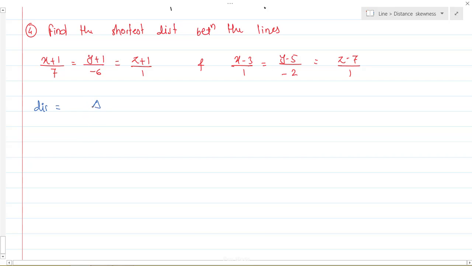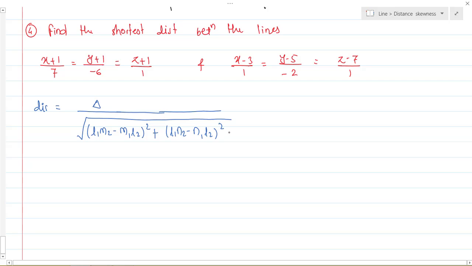So del divided by the root of (L1 M2 minus M1 L2) whole square plus (L1 N2 minus N1 L2) whole square plus (M1 N2 minus N1 M2) whole square. So this is what we have in the denominator, and this is my numerator. First let's find this del.